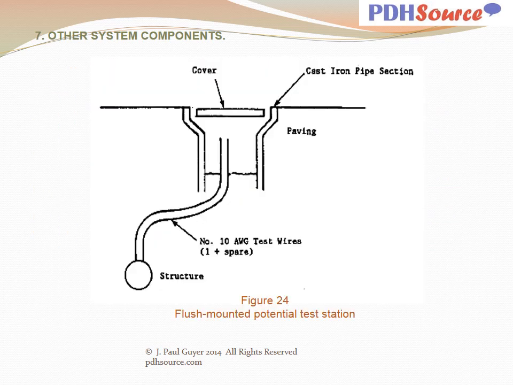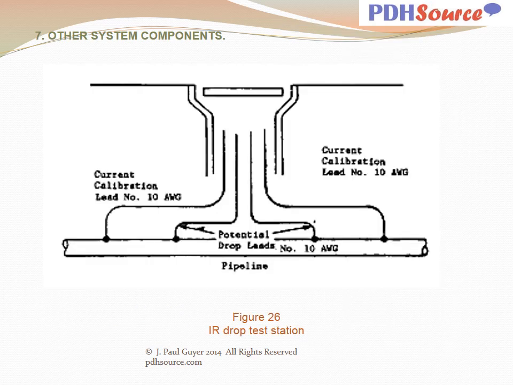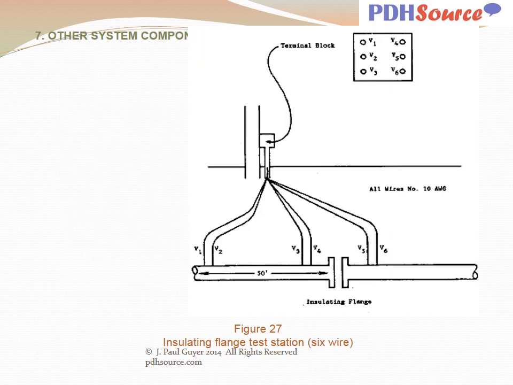Figure 24 indicates a flush-mounted potential test station. Figure 25 indicates a soil contact test station. Figure 26 indicates a voltage IR drop test station. Figure 27 indicates an insulating flange test station, 6 wires.